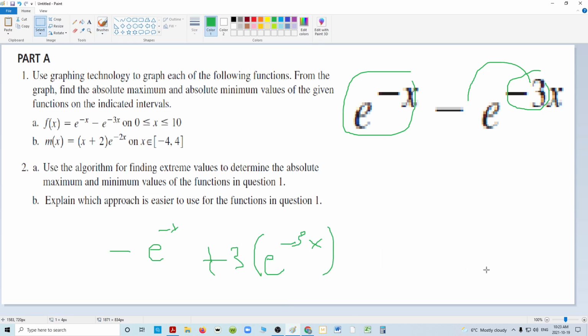Now when you set that equal to 0, you discover, when you bring this to the other side by adding it, that it's going to occur when 3e to the negative 3x is equal to e to the minus x. Now you can either ln both sides now or ln both sides later. Let's ln both sides now.